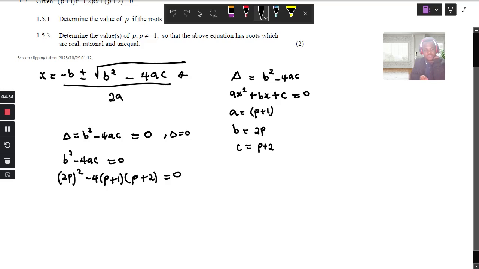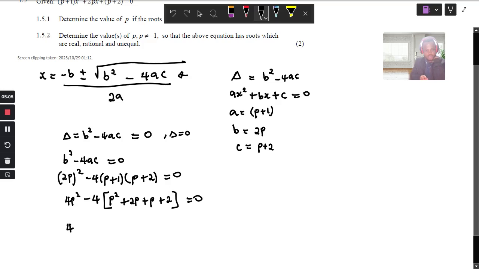So here you get 4p² − 4 [open square bracket], you multiply this: p times p becomes p², p times 2 becomes plus 2p, and 1 times p is plus p, and 1 times 2 is plus 2, which is equal to 0.